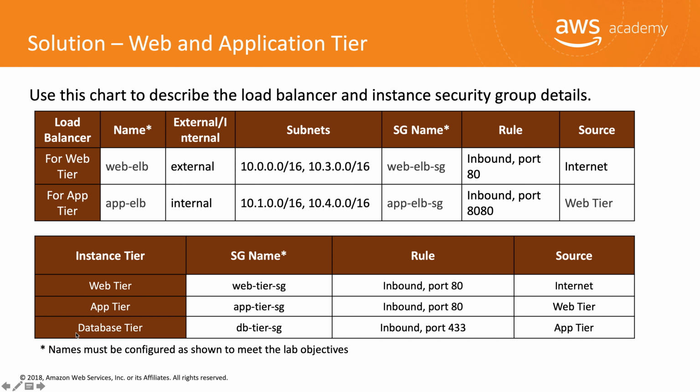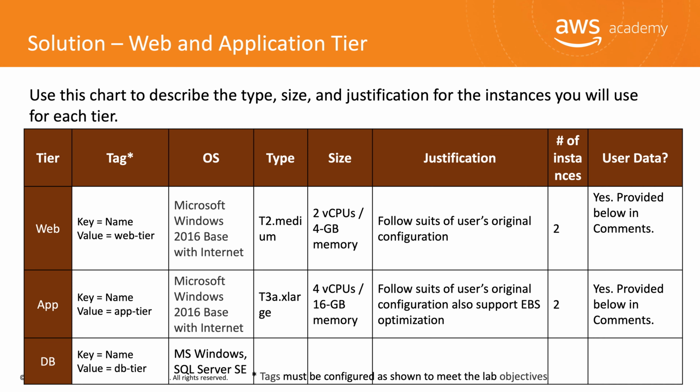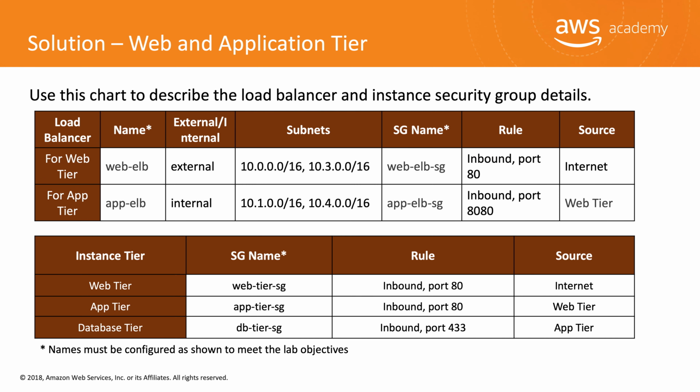And for the next part, the database tier, it allows inbound traffic from port 1433. All this traffic is not automatically pre-configured in the Microsoft Windows operating system. So this is the reason why we need this user data, to do some pre-configuration so that the customer has this in place for convenience of later usage.